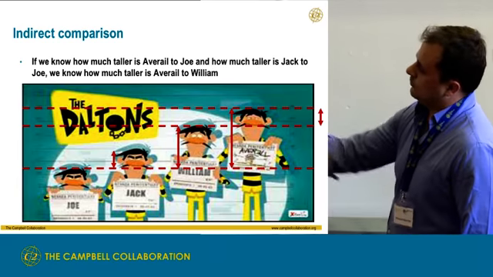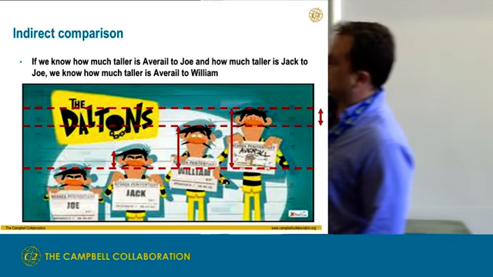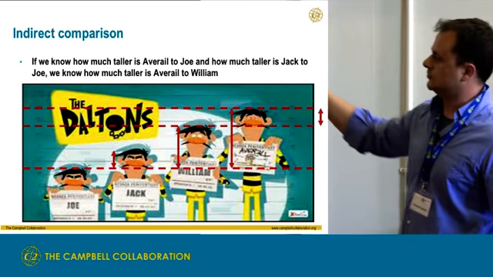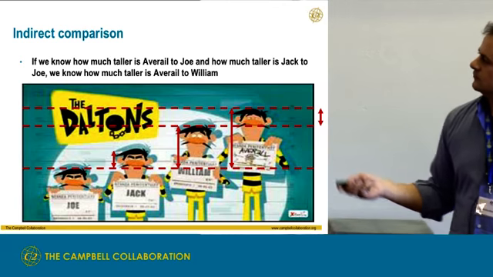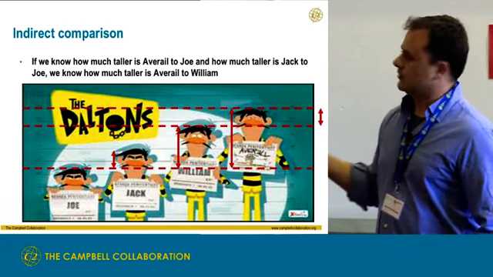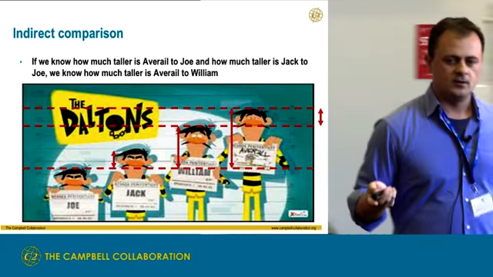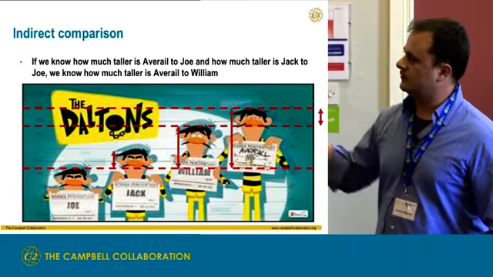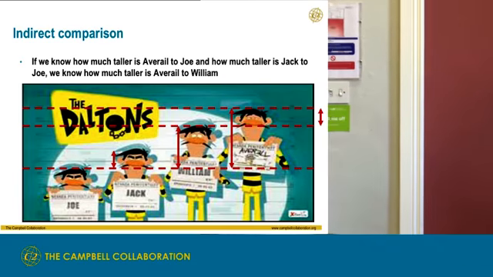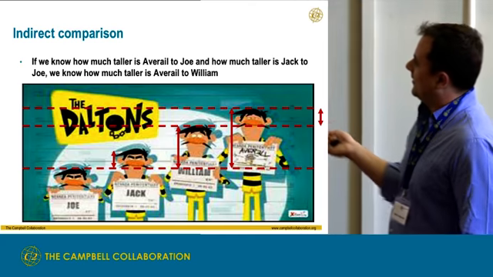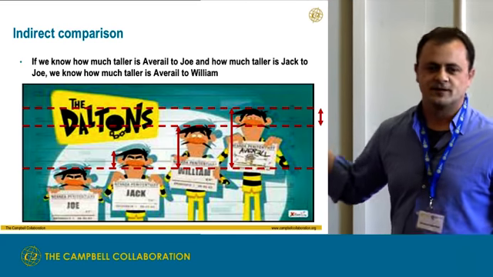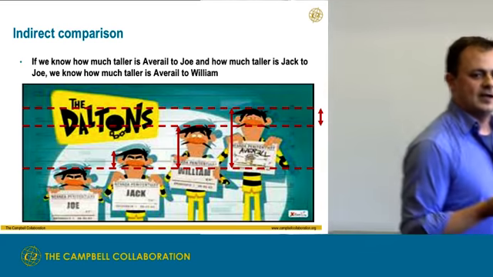And now you estimate how much taller is Jack to Joe, how much taller is William to Joe, and how much taller is Averell to Joe. Do you know how much taller is Averell to William? I guess yes, because it's just the difference. So that's the idea of indirect comparison.